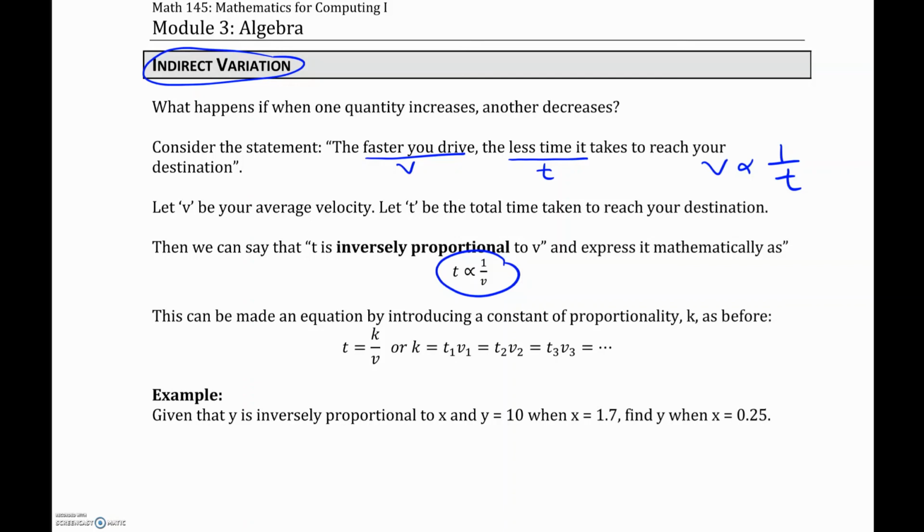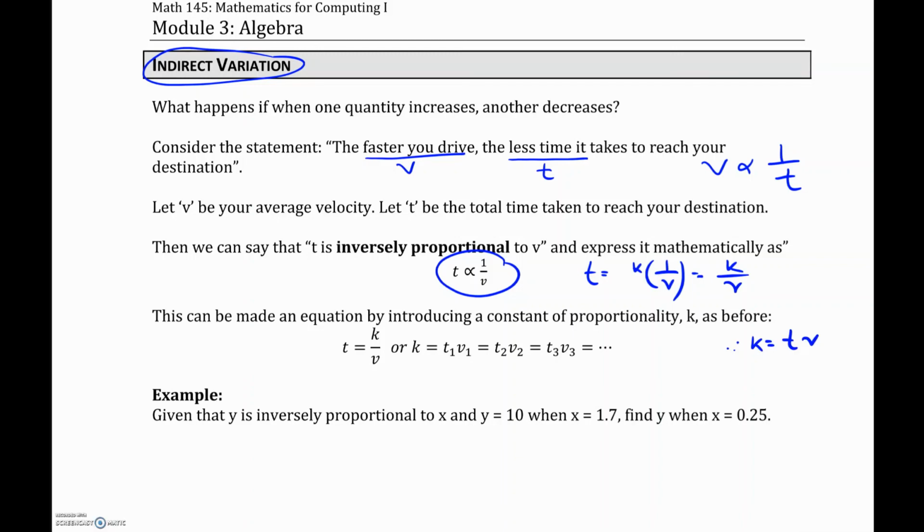Now to make this into an equation, you could now say t equals k times 1 over v, or k over v. And solving for k, we could say therefore k is equal to tv.